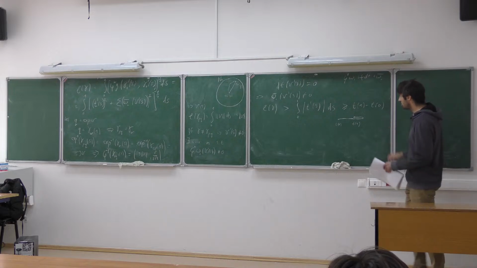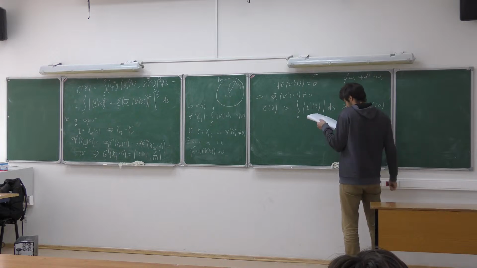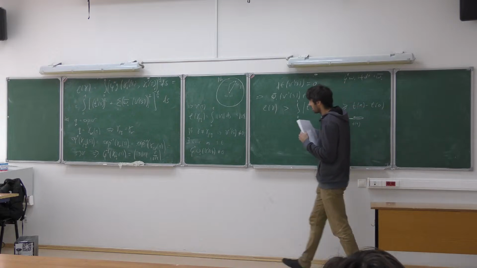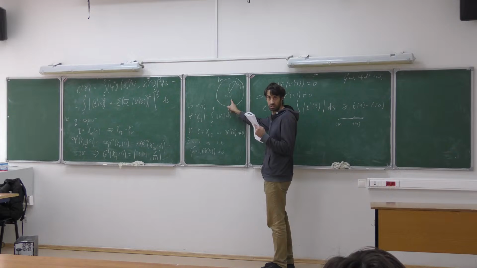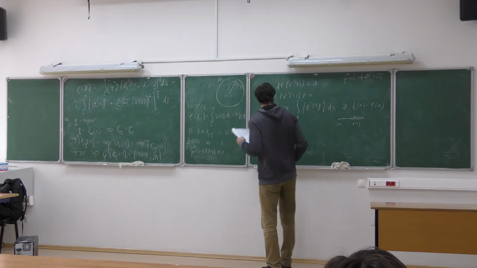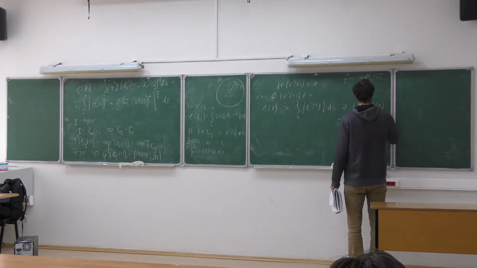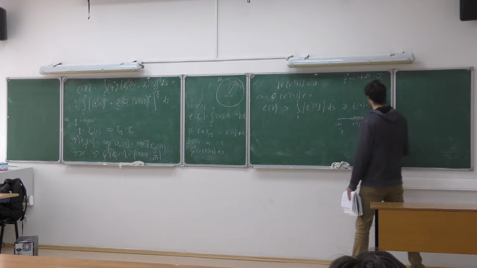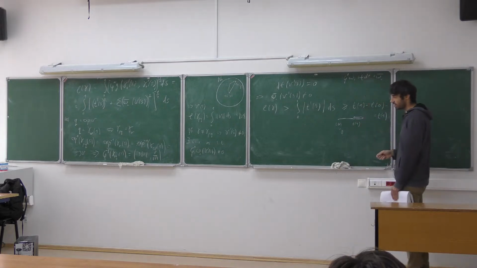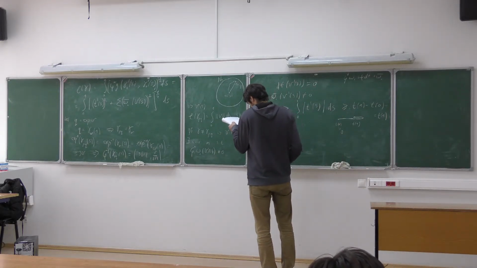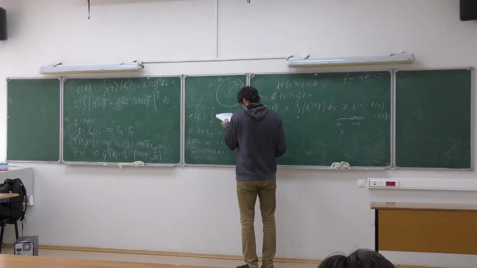Right, but t of 0 is actually 0 because that's the coordinate of p, right, under the exponential map. So this is actually t of 1. So now I need to compare t of 1 with L of gamma pq. All right.